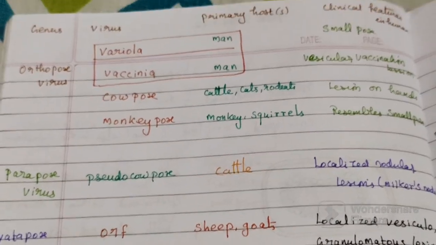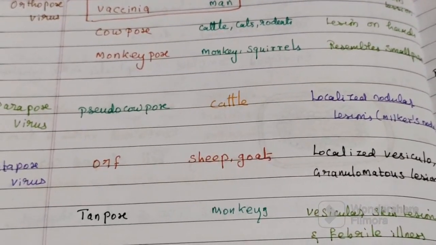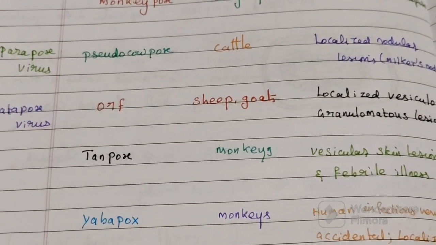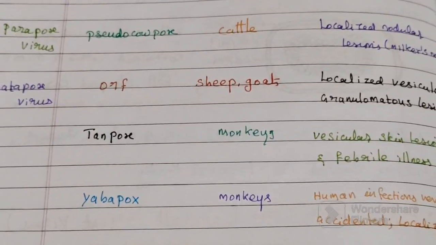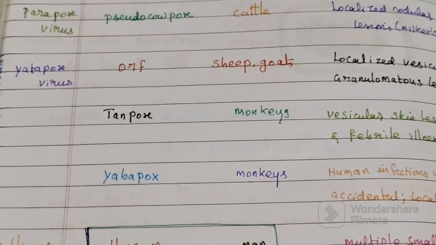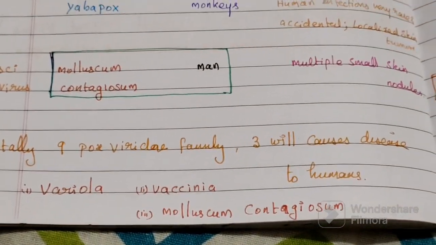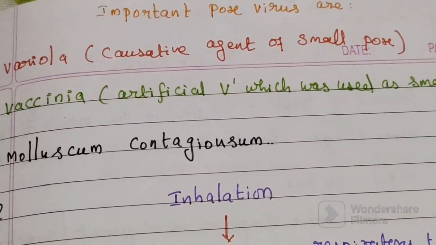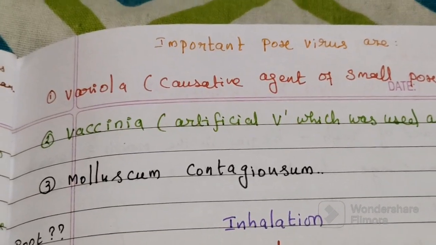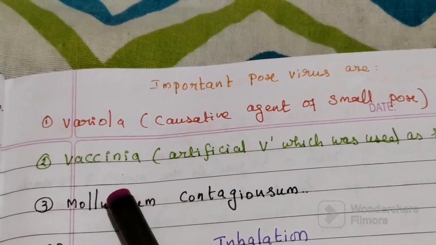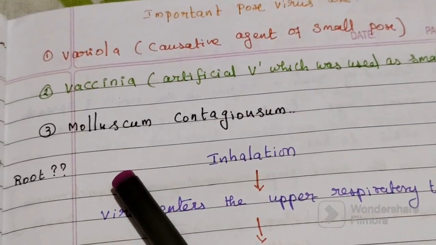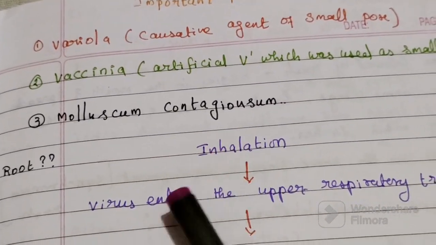So monkeypox, cowpox, Orf-pox, Tanapox and Yaba-pox cause diseases in humans. Among the human-specific ones, only Variola, Vaccinia and Molluscum contagiosum cause disease. The important Pox viruses are Variola, the causative agent of smallpox; then Vaccinia, an artificial virus used for the smallpox vaccine; and third Molluscum contagiosum.